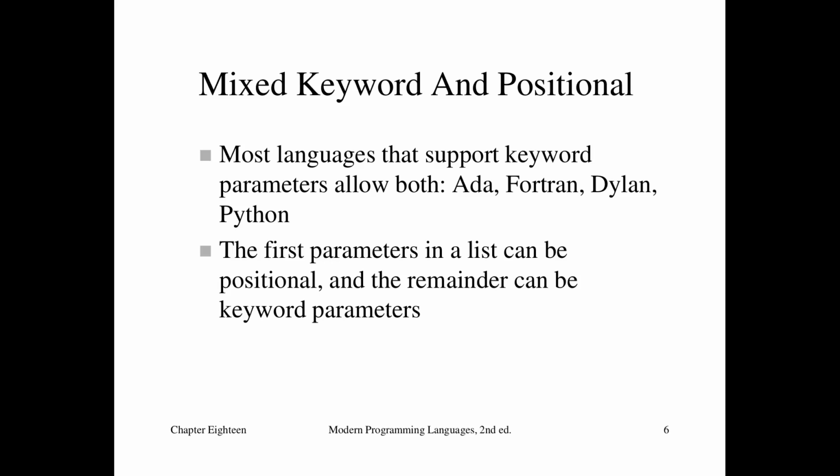You can't mix and match. So you can have positional, you can have all keyword, or you can have positional followed by keyword, but you can't go keyword then positional. Otherwise, the language system will get confused and throw some runtime or compiler errors.